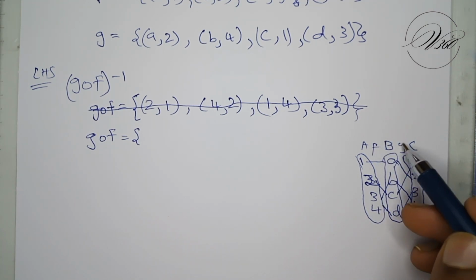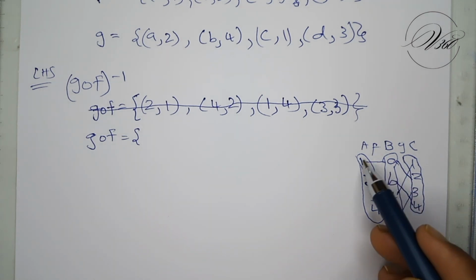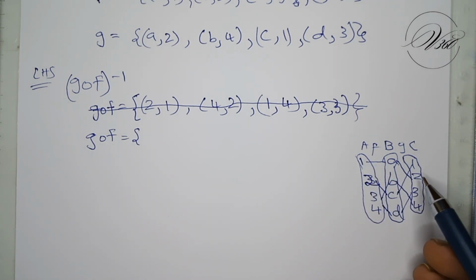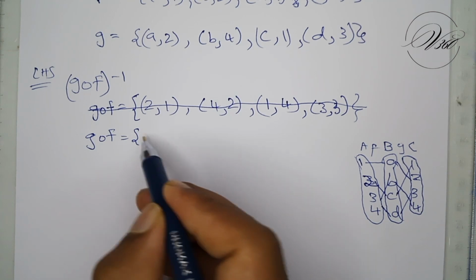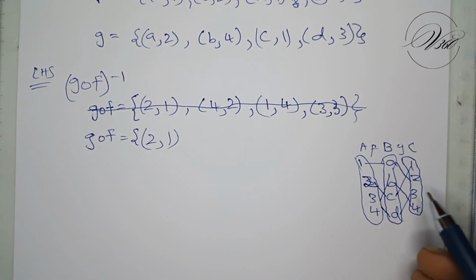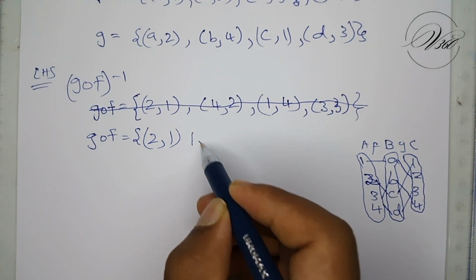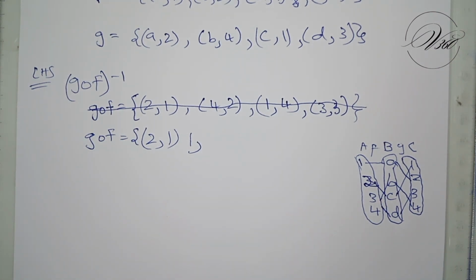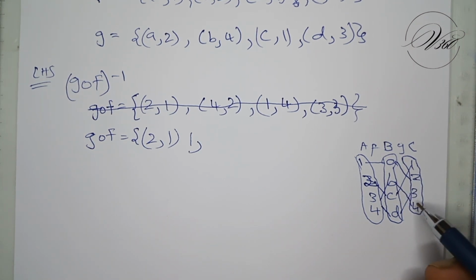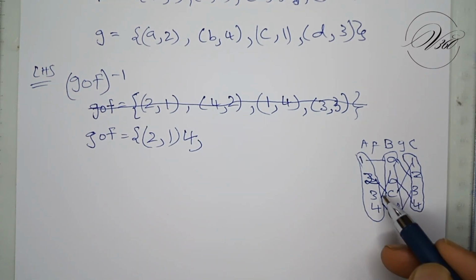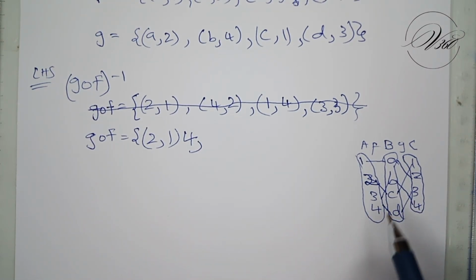From 1 through a we get 2 comma 1, and for b, 4 comma 3.